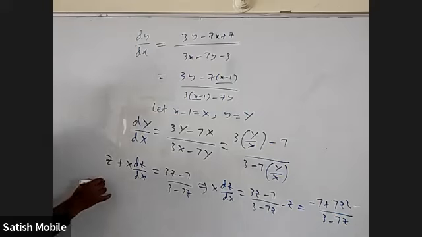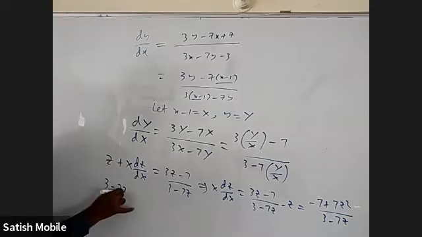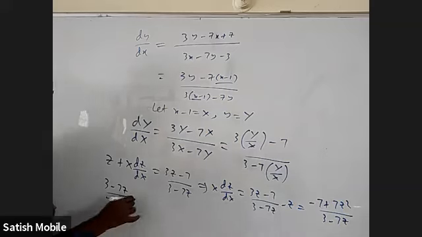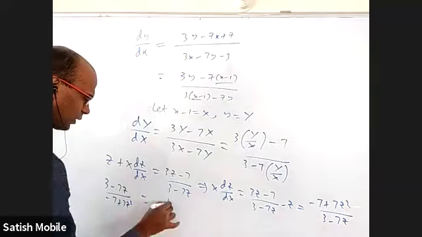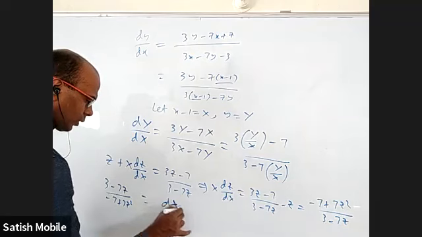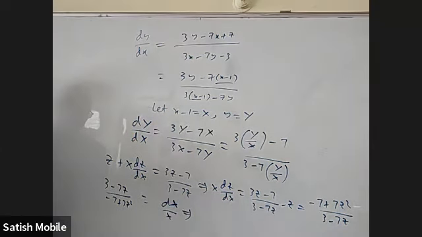Now variable separable: (3 − 7z)/(−7 + 7z²) = dX/X. I'm sure simple partial fractions will do the job.